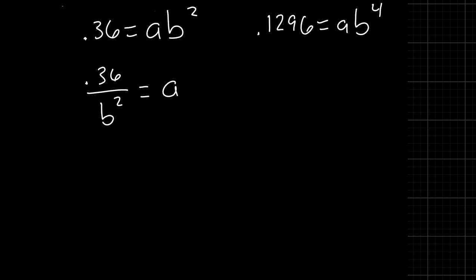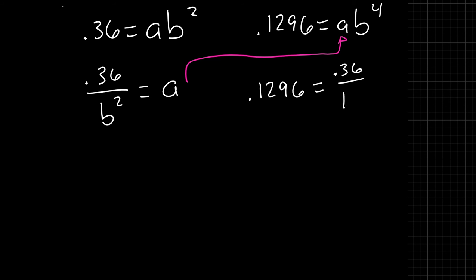What I'm going to do now is use this expression for a, and substitute it into this second equation for a. I really like how this looks. So now I've got 0.1296 equals a, which is 0.36 divided by b squared, times b to the 4th power.